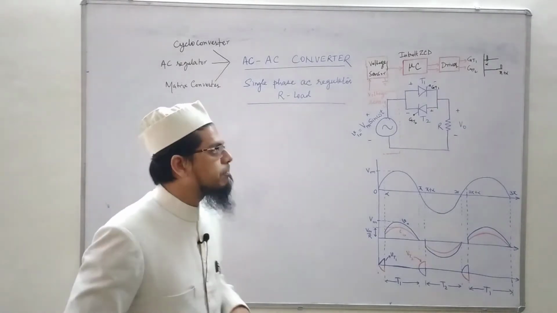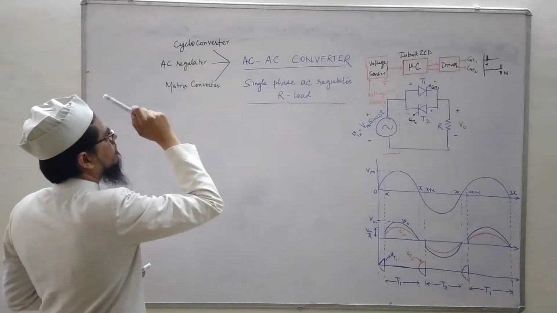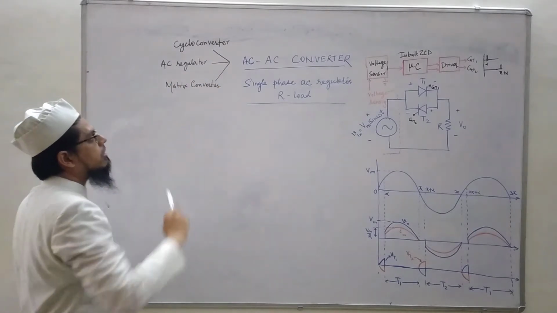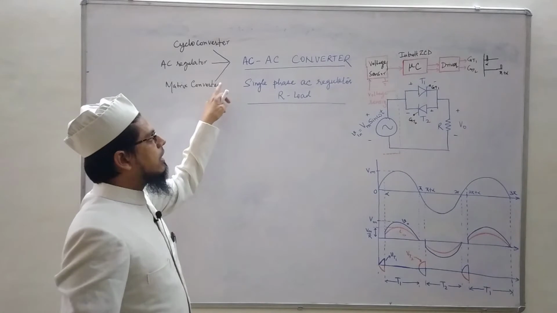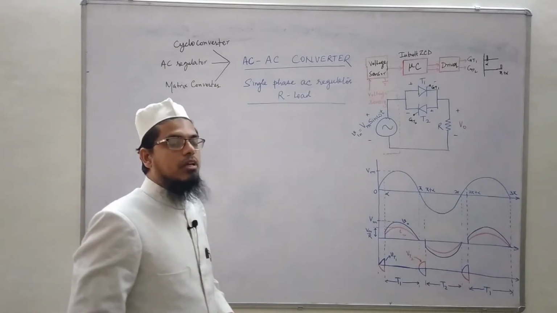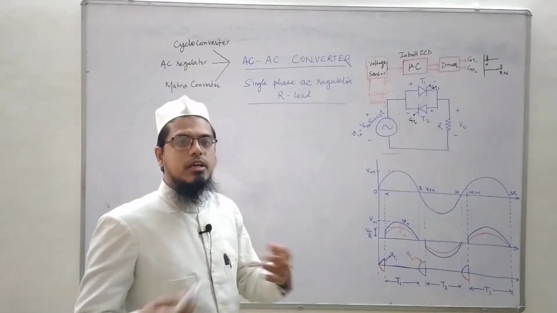So basically AC to AC converters can be categorized as cycloconverter, AC regulator, or matrix converter. I had discussed this classification of AC to AC converter in another video.